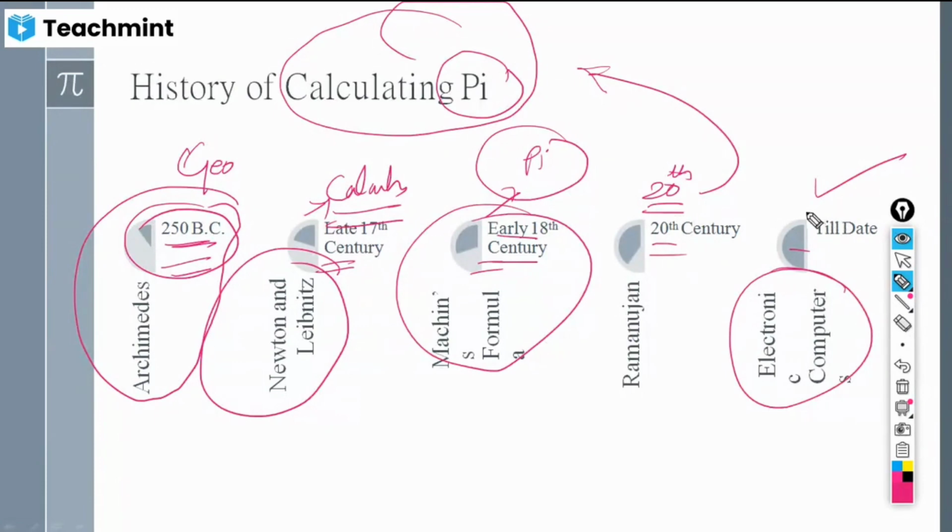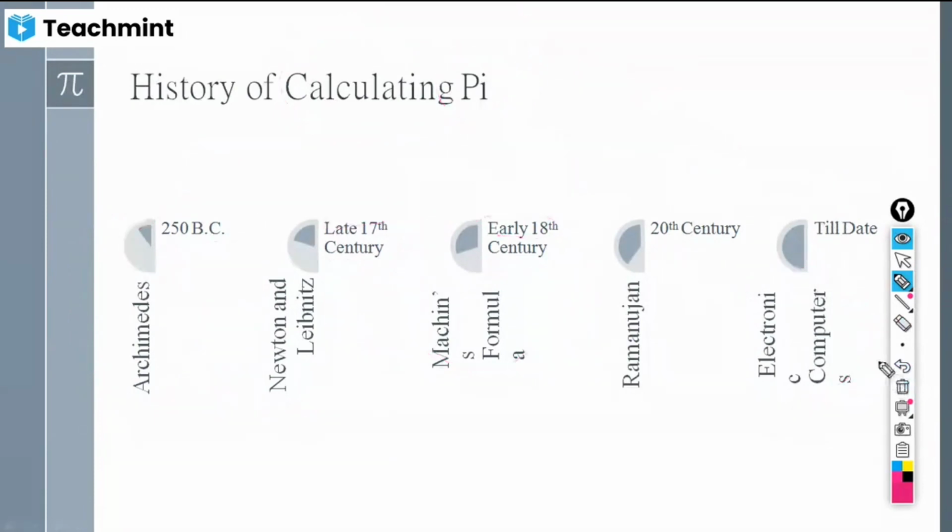So this is the timeline of finding the value of pi from BC to the present day. Whereas in the early days Archimedes found the value of pi approximately using geometrical methods. And what those geometrical methods were, we shall see now.